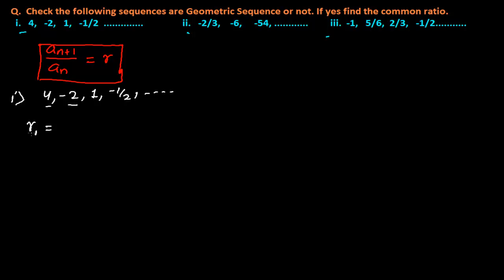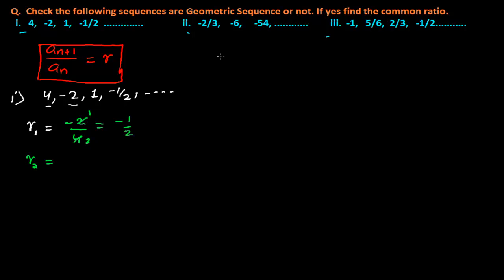The common ratio is the ratio of the succeeding term over the preceding term. The succeeding term is minus 2 and the preceding term is 4. So minus 2 over 4, second term over the first term, is minus half, because 2 times 2 is 4 and 2 times 1 is 2. So it's minus half.